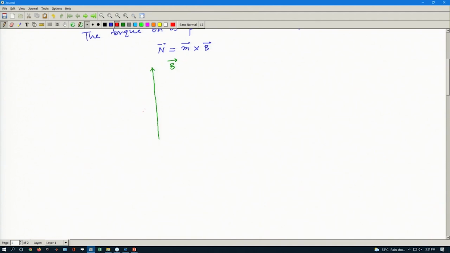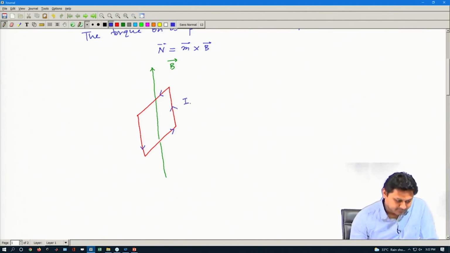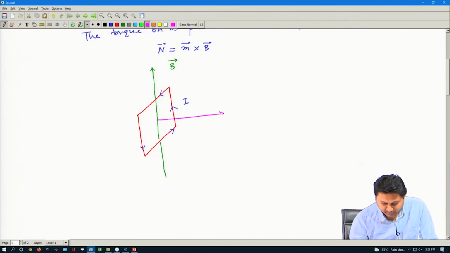The current loop is like this, carrying an amount of current, say I. Since it is carrying a current I, the direction of the magnetic dipole moment should be along this. So, this is the direction of the magnetic dipole moment.